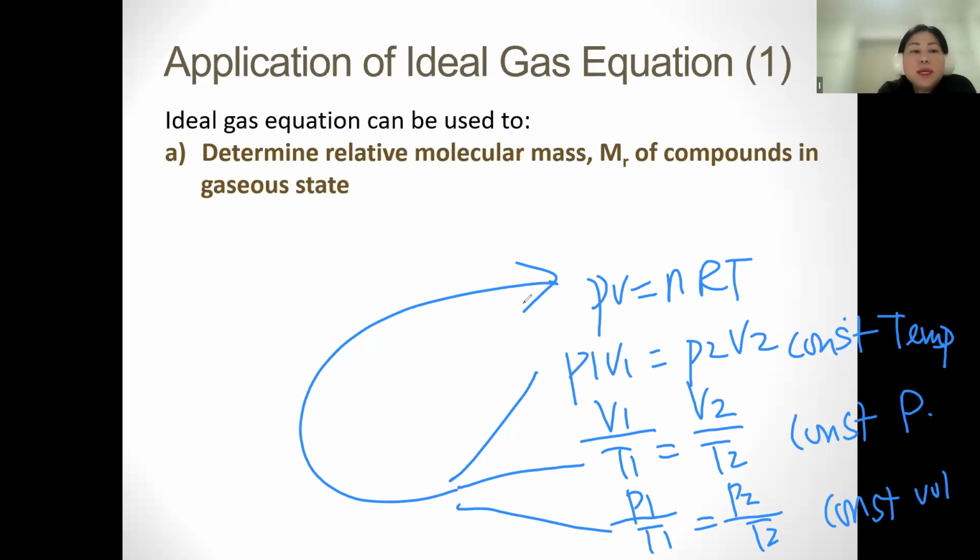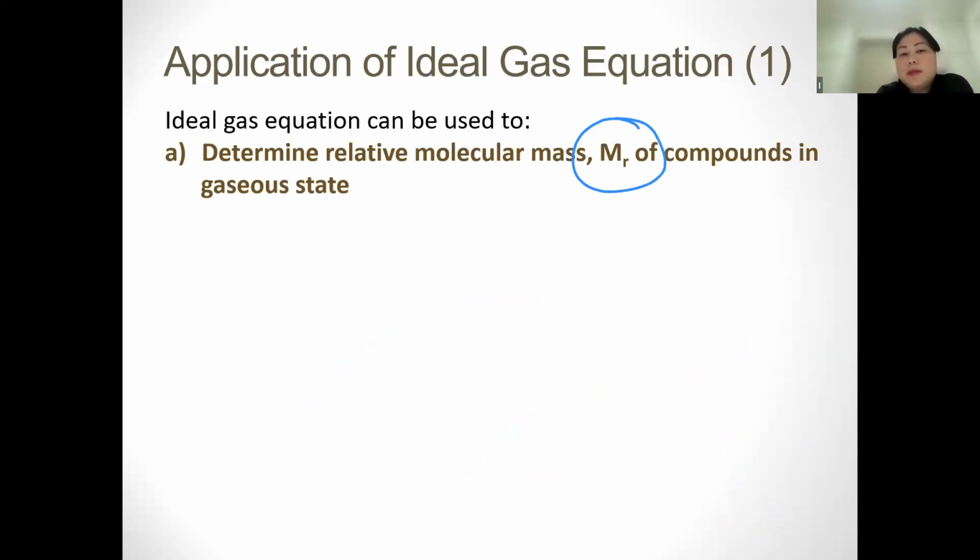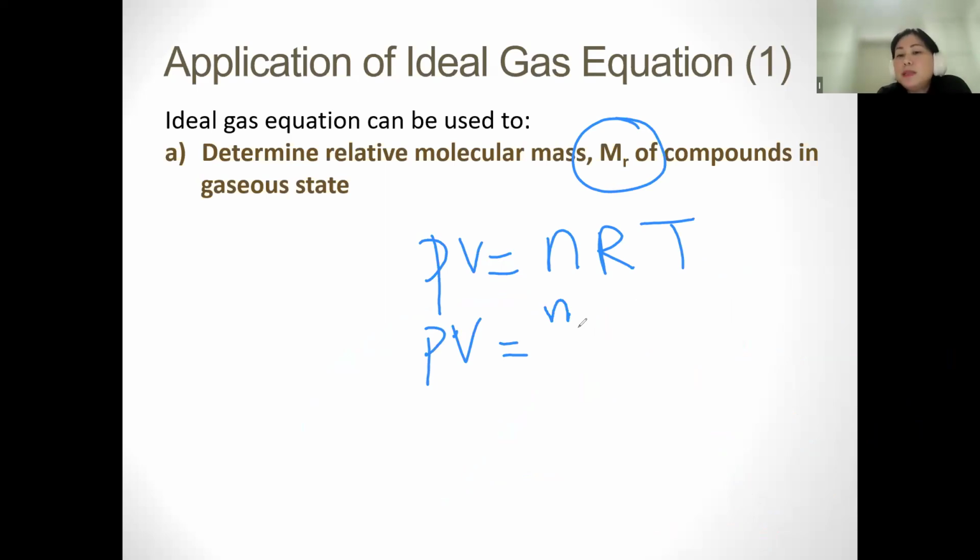All right. Now, what else can we get from the ideal gas equations besides all this? We can also get Mr. Why? Because PV equals to nRT. And what is n? n is number of moles, which is mass over Mr. So we can replace the term n with m over Mr, mass over Mr, right?